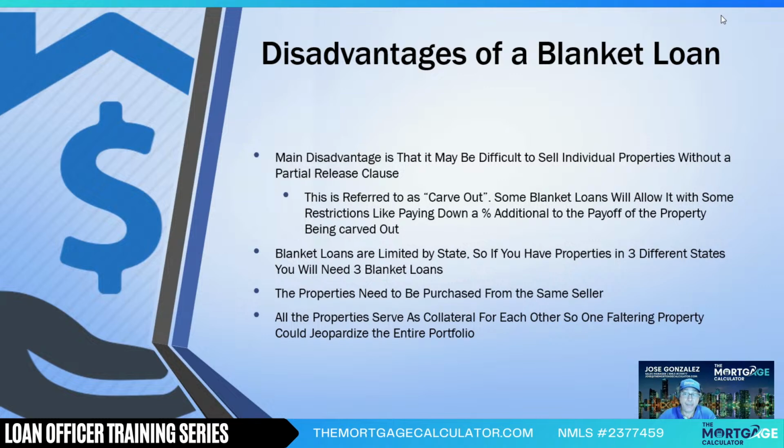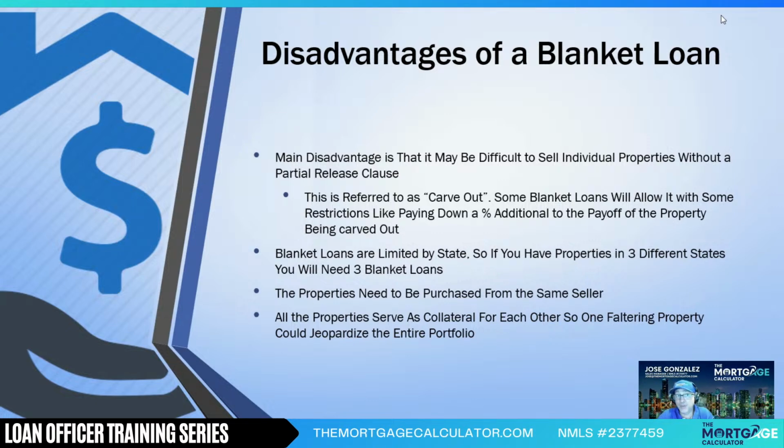But that is the biggest point to consider, and the one that you should state up front in the beginning to your borrowers. Note that there may be restrictions on selling off or individually refinancing properties. Blanket loans are limited by state. In other words, different states have different requirements for a blanket loan.